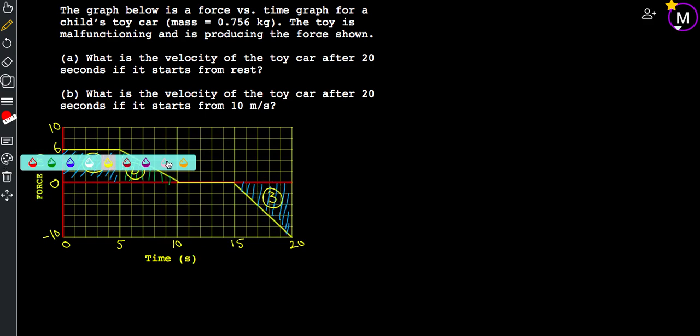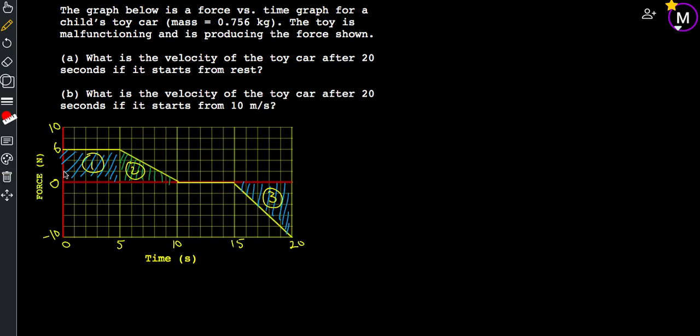Now to calculate the total momentum, since the force is varying, we can calculate individual momentums from 0 to 5, 5 to 10, 10 to 15 and 15 to 20, and then find the total momentum.